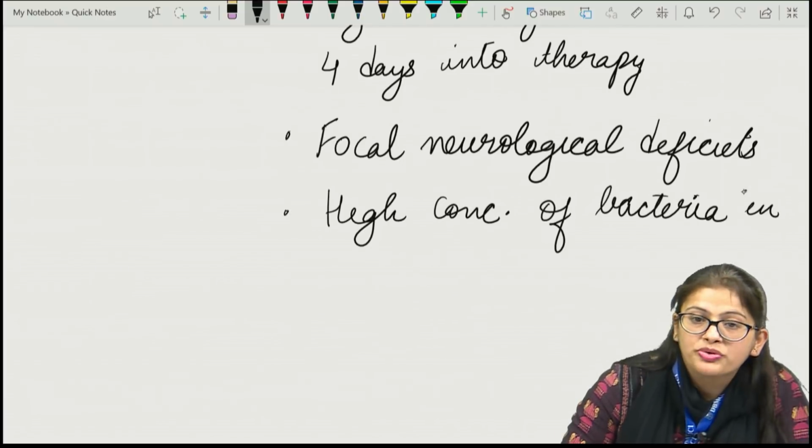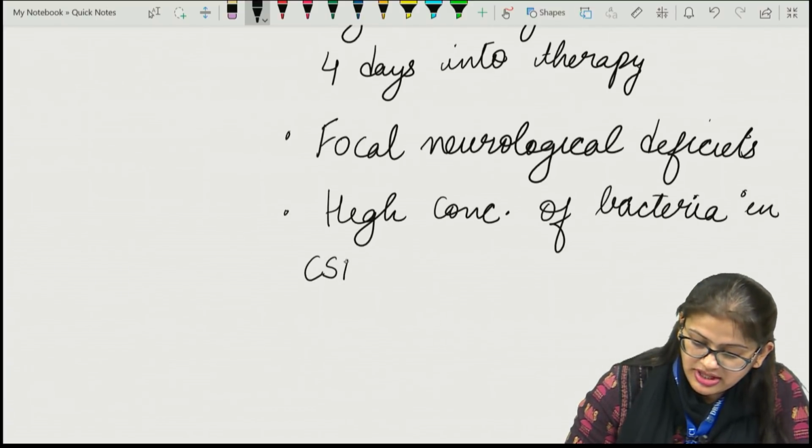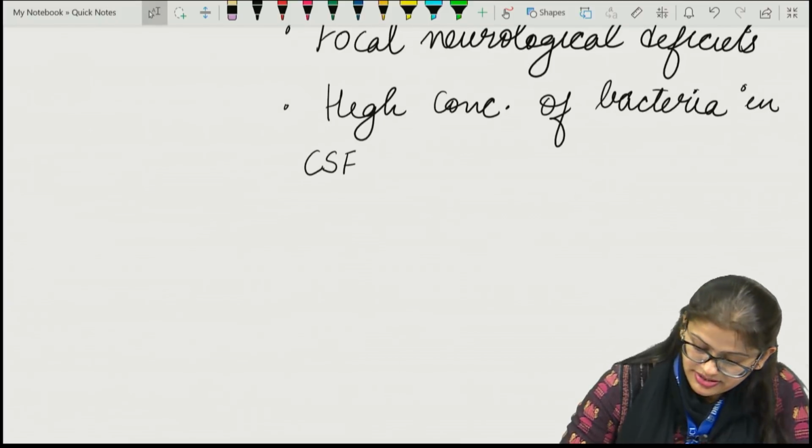So these are the poor prognostic features in a case of meningitis.